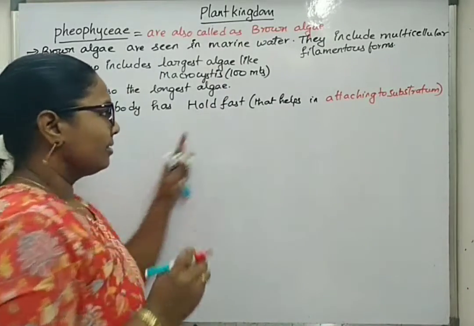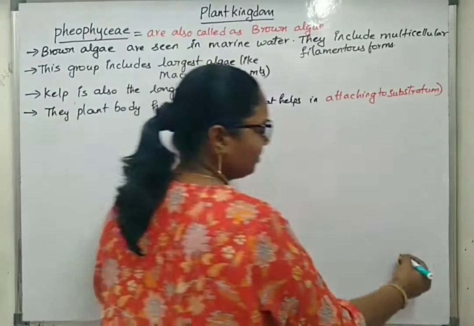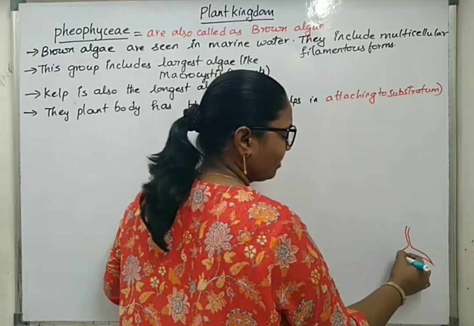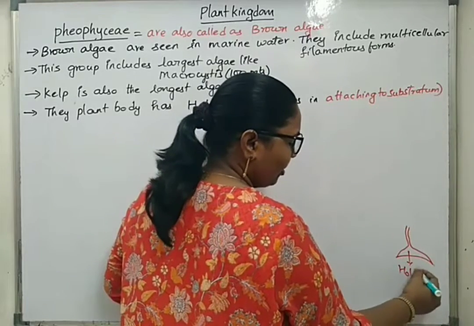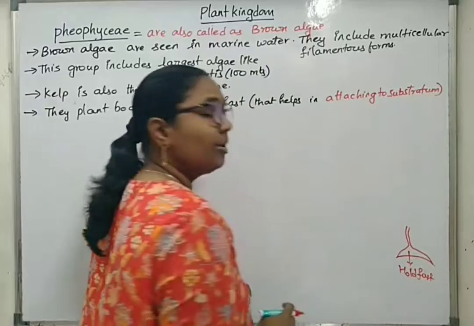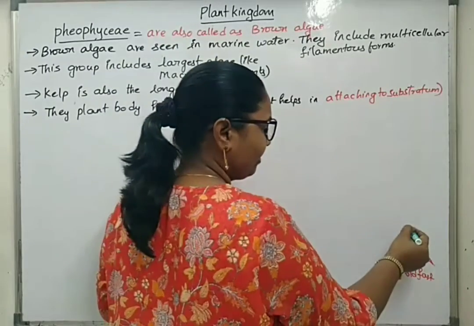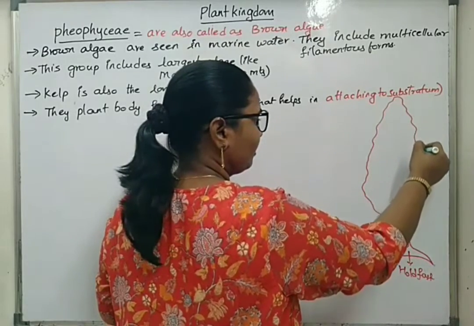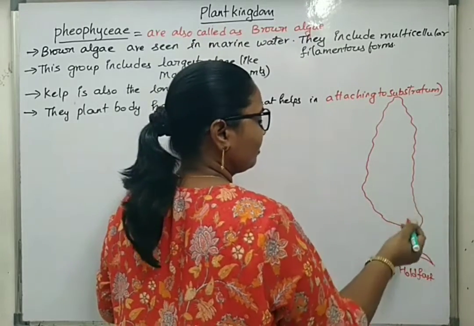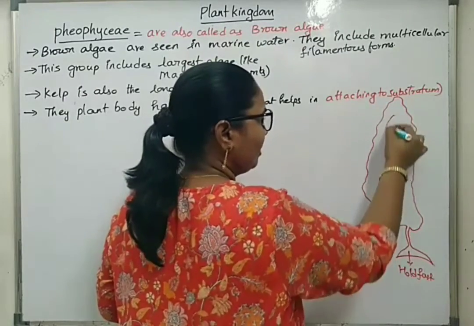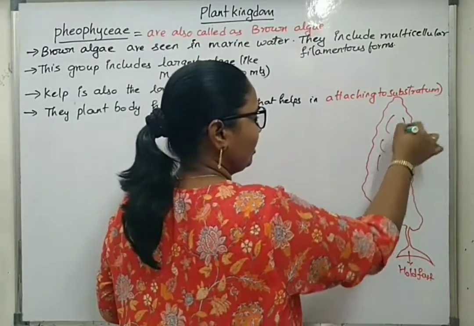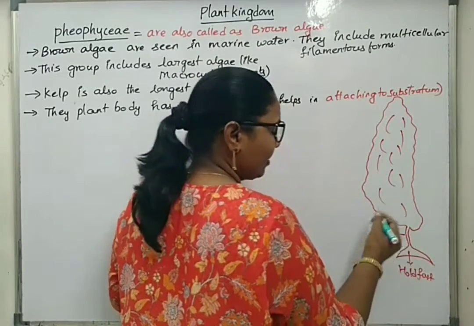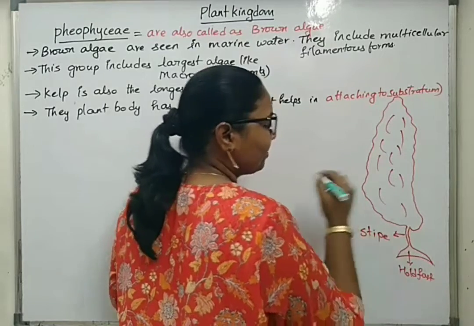Now, this is base part, we can say this part as hold fast. Then how the remaining plant body looks like? Roughly we can say it is looking like this. We say the bottom part as hold fast. The stem-like structure is called as stipe.